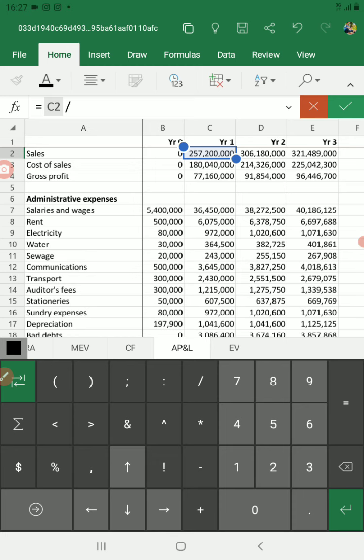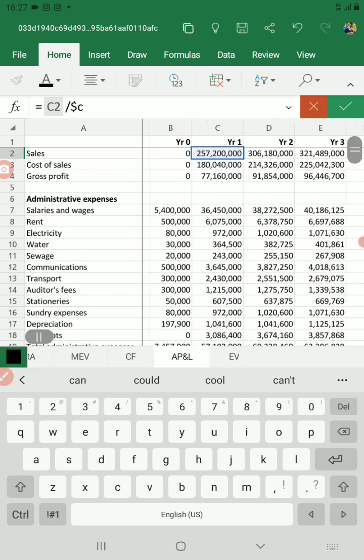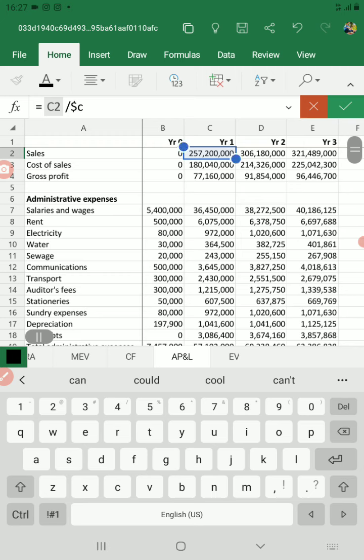So the same applies. So this figure divide by, start with $, and then type C, and that we were in C2, so type 2, press enter.